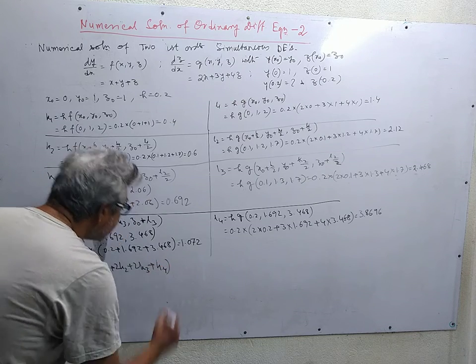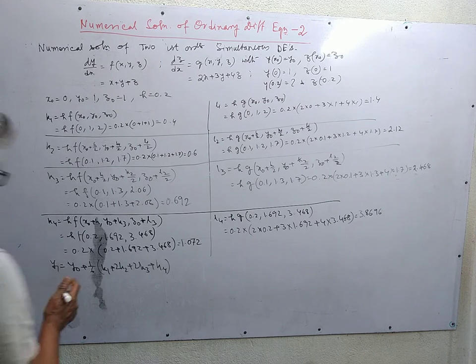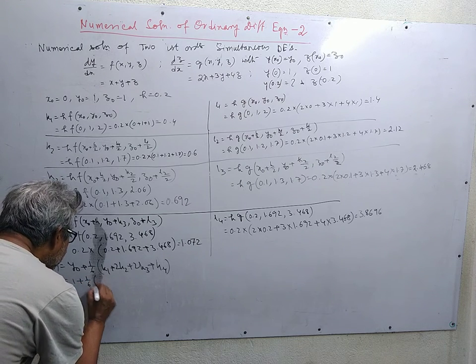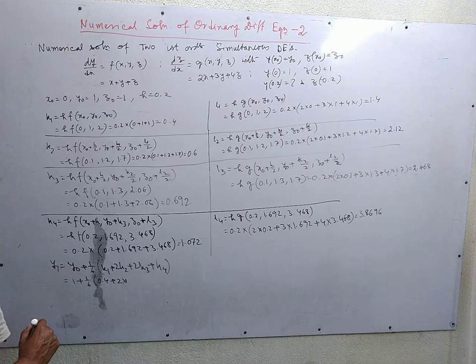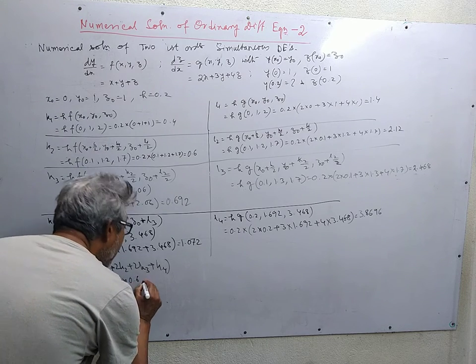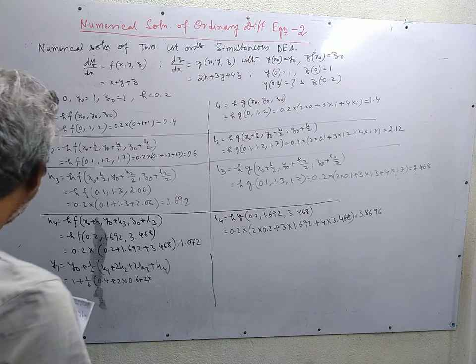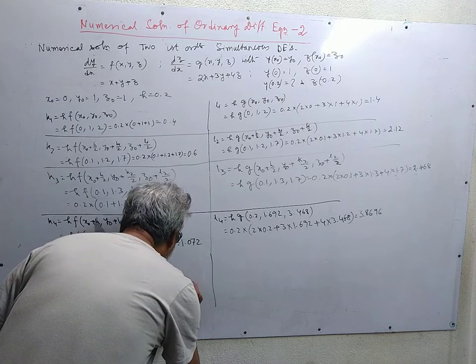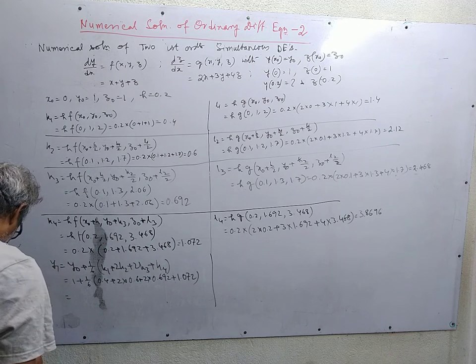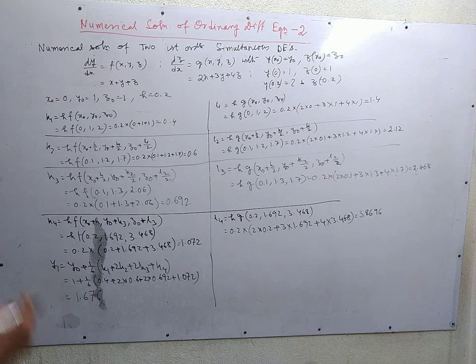The values of k's are listed above, and when we put these values, we get y0 is 1 plus 1 upon 6, k1 is 0.4, 2 into k2 is 0.6 plus 2 into k3 is 0.692 plus k4 is 1.072, and all together on manipulation is giving 1.676 as the value of y1 at x is equal to 0.2.